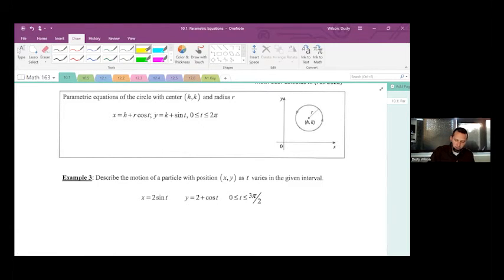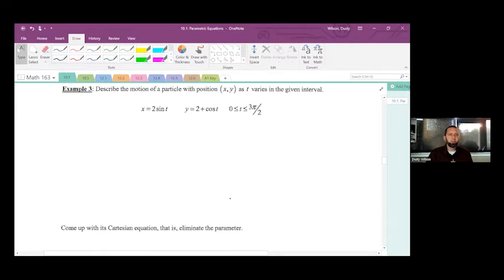And one thing I want to point out here is that this circle is being traversed counterclockwise, and our tracing is beginning over here on the right side. It's kind of our starting and ending point. In example 3, we want to describe the motion of a particle with position x, y as t varies in the given interval.